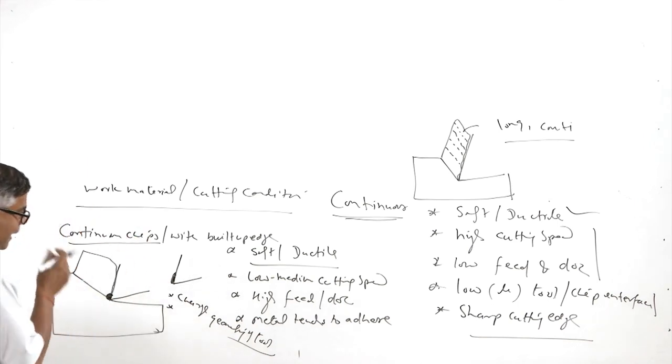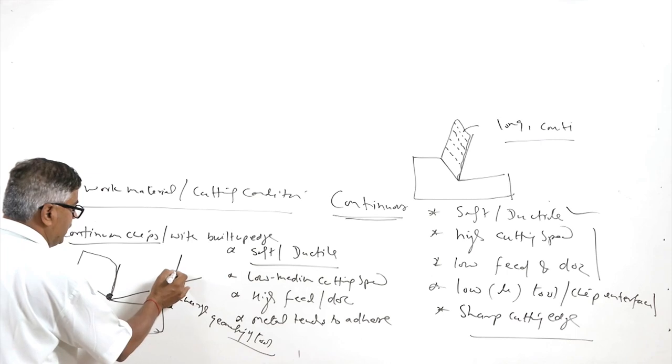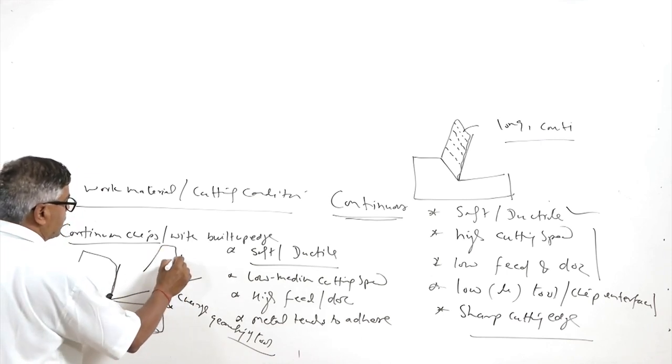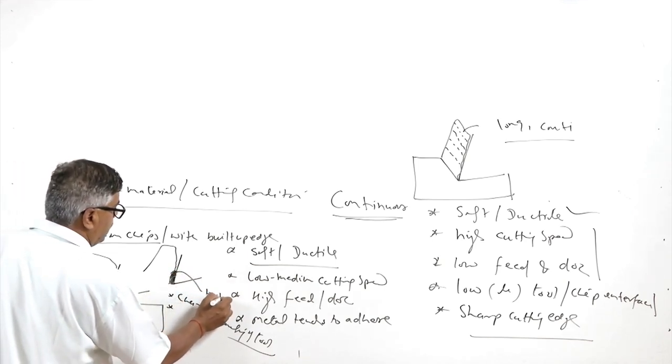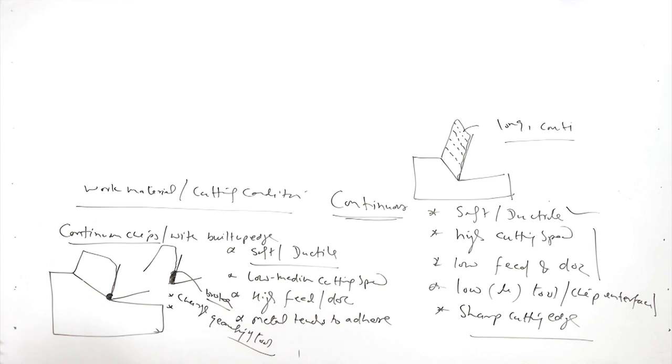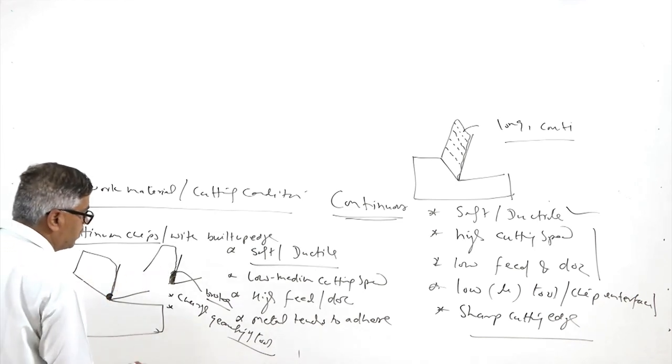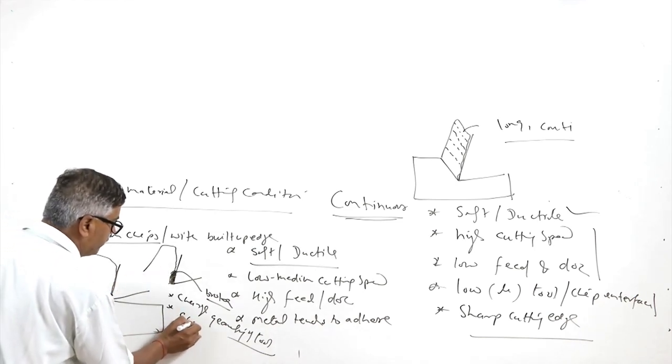So, as soon as the built up edge grows up to a certain limit, under the pressure of the flowing chips, it gets broken. So, once the built up edge is broken, it will be going with the chips.